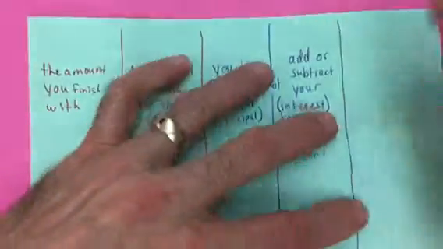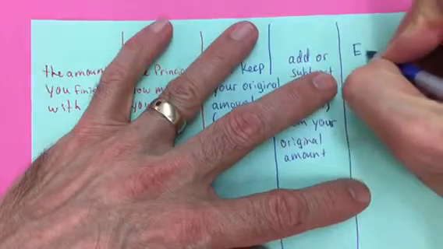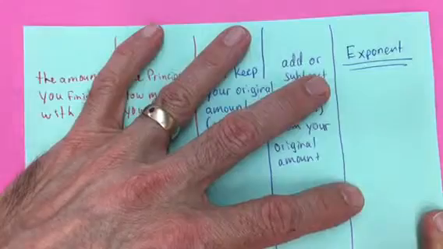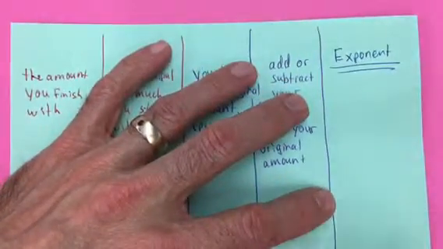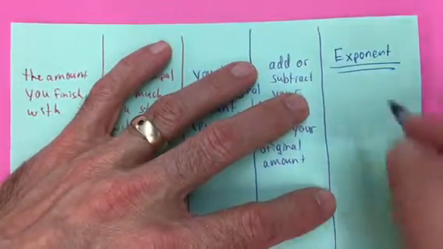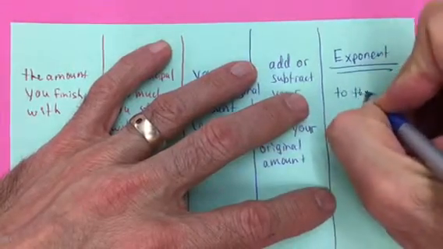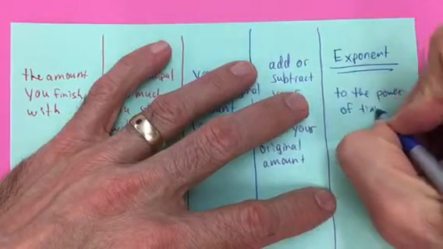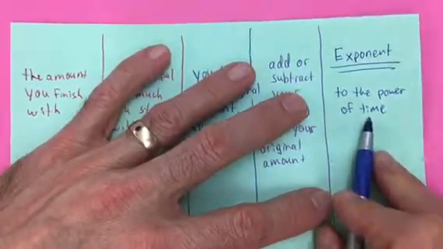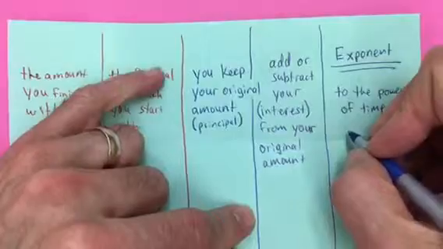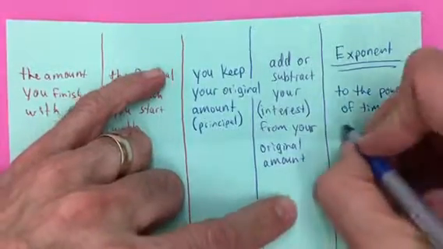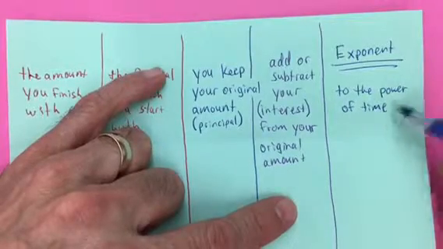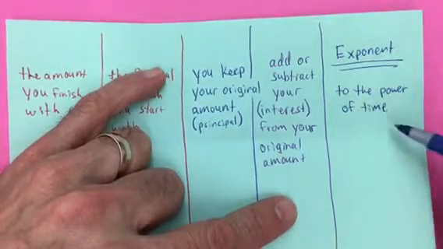That's a power. If you don't put it as an exponent, everything breaks down. So, to the power of time. If this is money, time is usually years. If it's bacteria, it could be hours, it could be days, whatever it is.